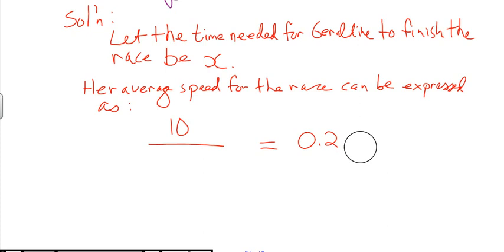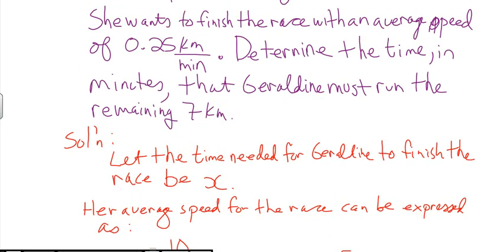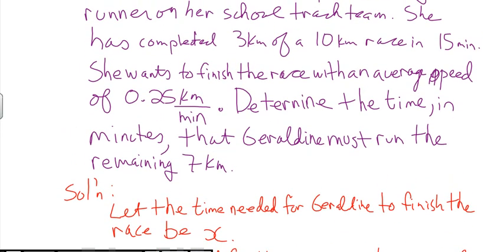Okay, we got 10 kilometers, so we need an expression for the number of minutes that she's going to run. What information do we have in the question to give us her total time? Well, we know she's run for 15.